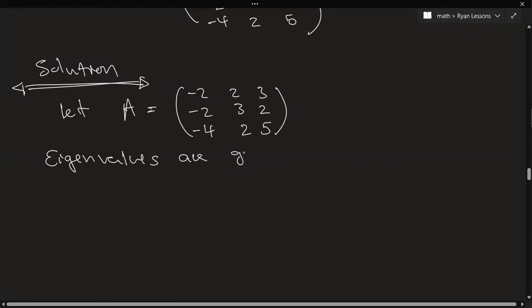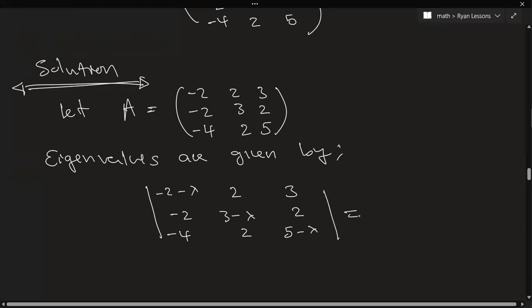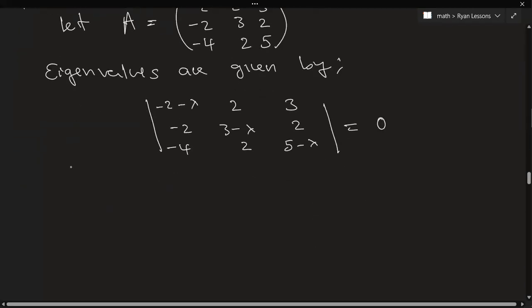If I want eigenvalues, I have to solve this determinant equation: minus 2 minus lambda, 2, 3; minus 2, 3 minus lambda, 2; minus 4, 2, 5 minus lambda; equal to 0.